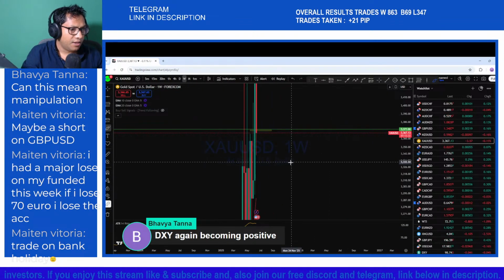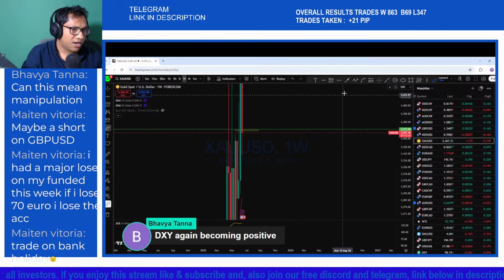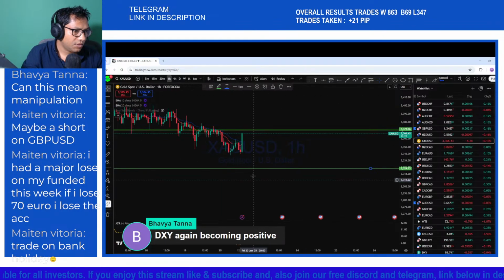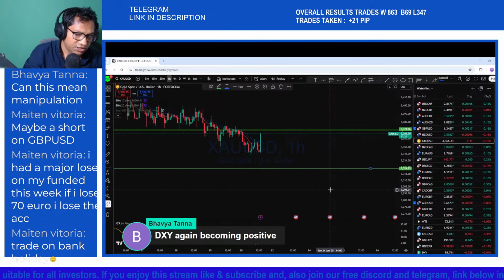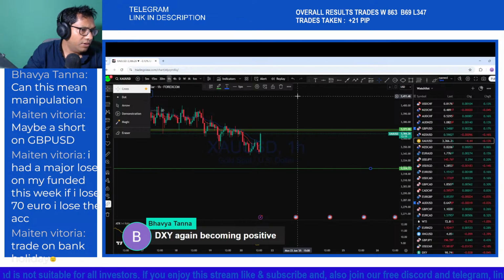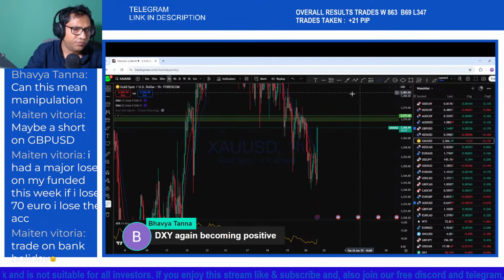Okay, but I was waiting for the market to hit this key level on the 1 hour, which it didn't do, and that's where we need to look at what kind of market structure is forming here.